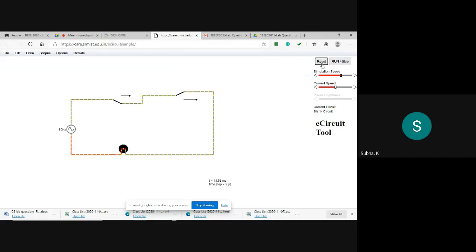So you can see lamp is glowing or not glowing. Yes, glowing. This switch is off. This switch is on. So this is called as what connection? Cross connection. Okay. Same way, other way also you can do.